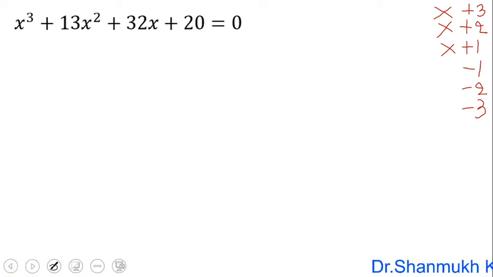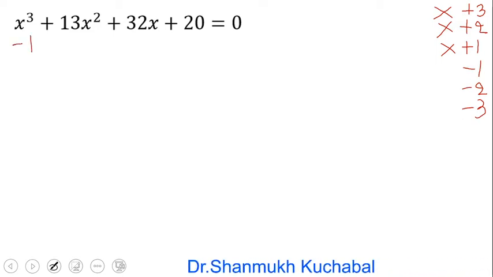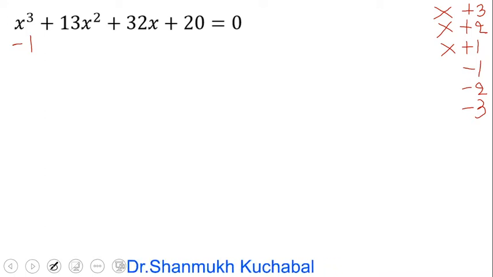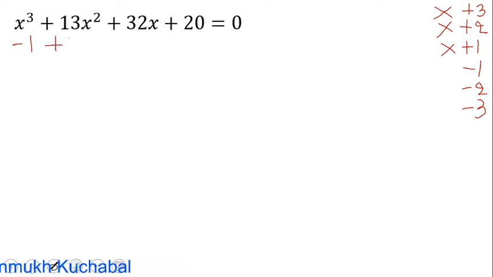Then we'll try minus 1. Minus 1 cube is minus 1. Next x square: minus 1 square is plus 1, into 13, plus 13 we get. Since x is minus 1, minus 32 we get, and plus 20.